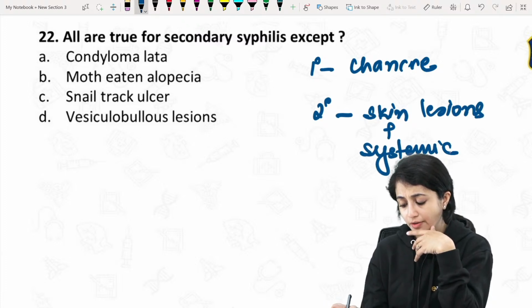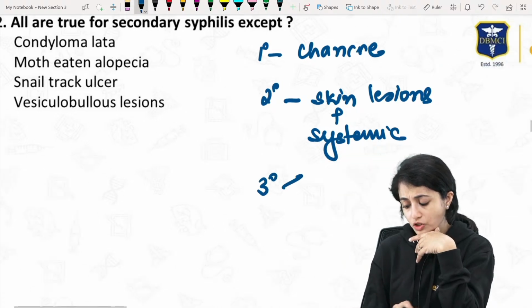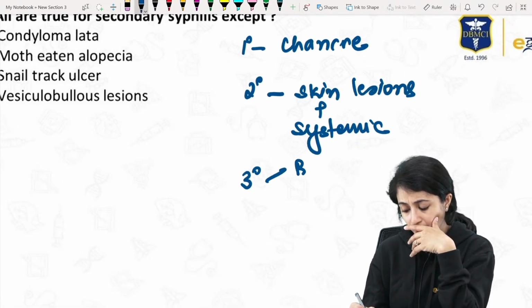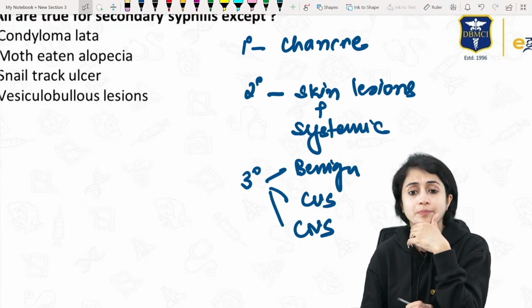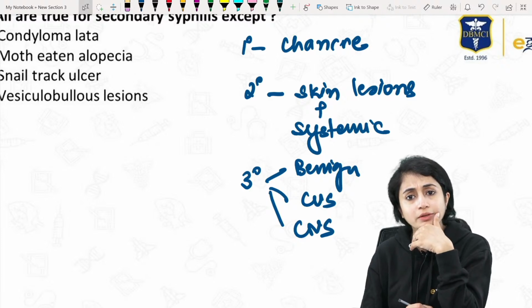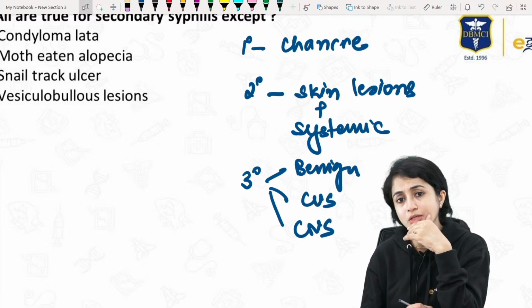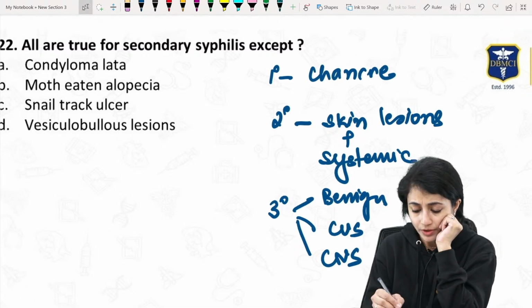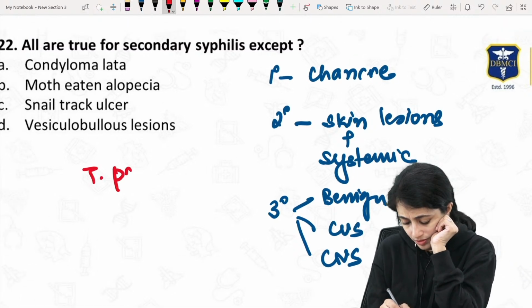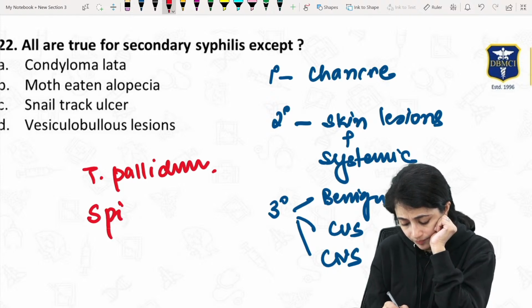And then I have tertiary phase, which can be benign, CVS syphilis or CNS syphilis. So broadly syphilis is divided into primary, secondary and tertiary syphilis, and this is caused by Treponema pallidum, which is a spirochete.